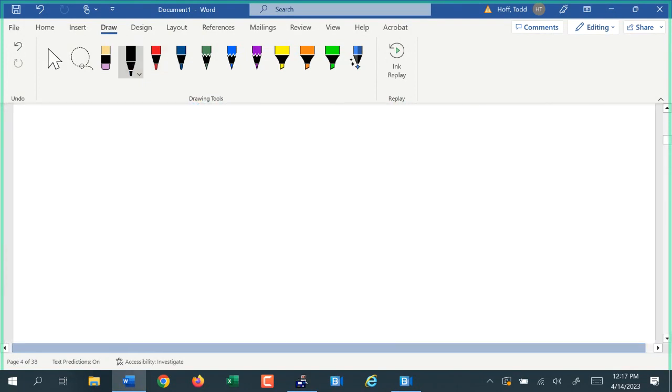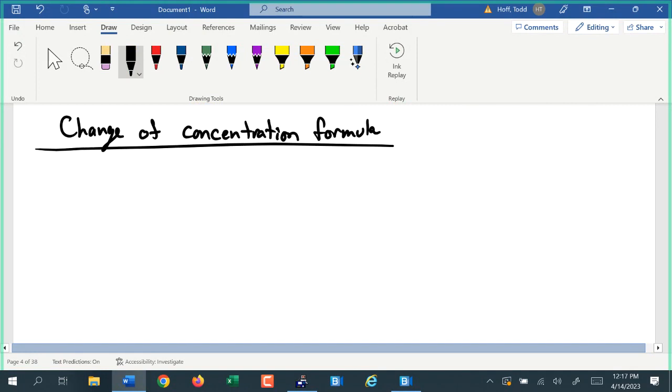One of the other things we did was our change of concentration, or concentration adjustment formula. Up above, we used the dilution to reduce the concentration. But rather than going through just doing a dilution, we can save ourselves some calculation by using that formula. The concentration 1 times volume 1 equals concentration 2 times volume 2.